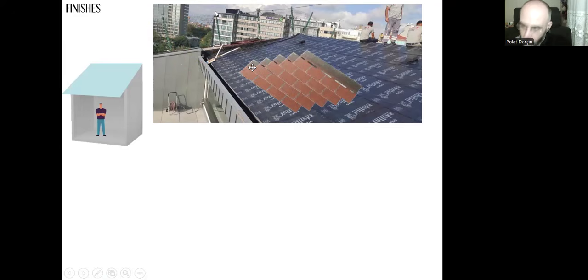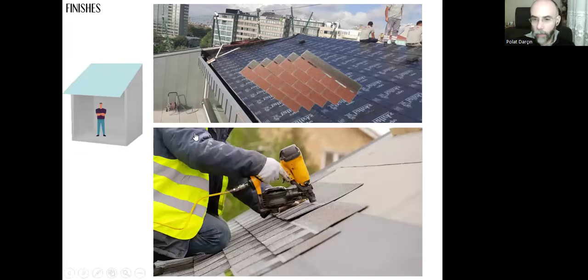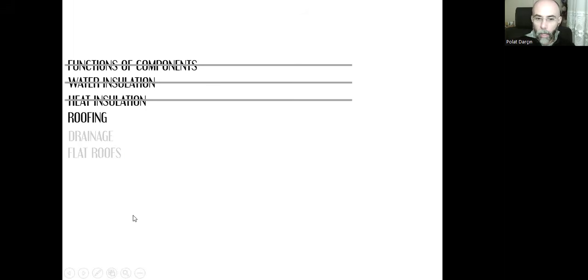It can be adhered using this part, and the higher line will overlap, so that the end result will look very similar to the clay tiles, or we can staple them directly over the surface of the roof sheeting, and that's it. That's the roofing.